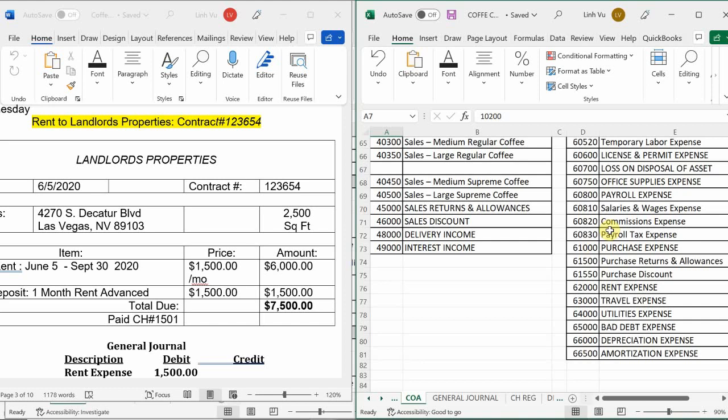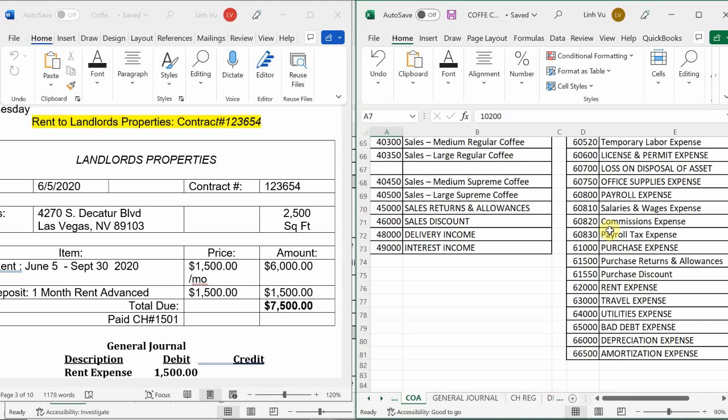So Norman says 5 months. Now for rent expense, rent expense can only be deemed to us for the current accounting period. So that means if I'm going to make it an expense, it can only be for the current month.